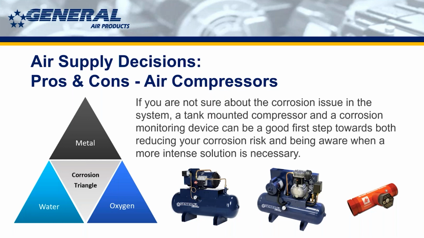So what you do is you would put this corrosion monitoring device into your system, and like I said, George will explain how that works, but it goes into a couple different places in the system, and then you just have an air compressor on it. If corrosion starts to take place to a point where it's going to affect the system negatively, then there will be a color change, and then you know that you have a corrosion problem that needs to be addressed.